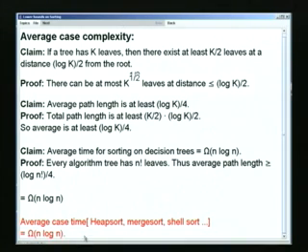And this means that the average case time for all comparison based sorting algorithms, say heap sort, merge sort, shell sort, all of these is n log n.